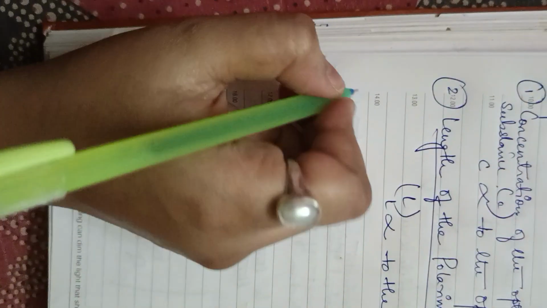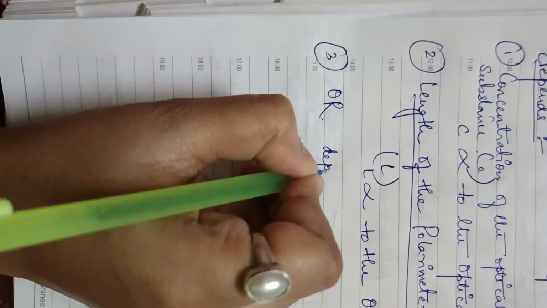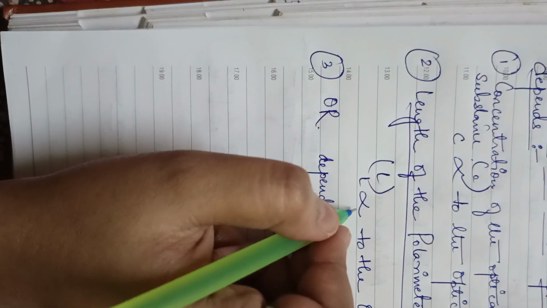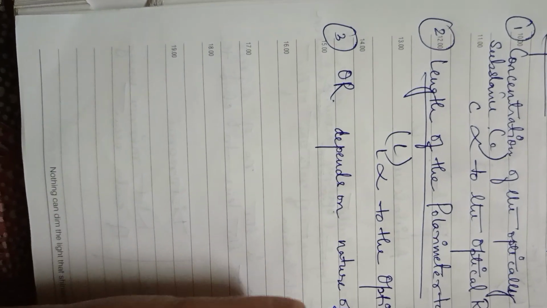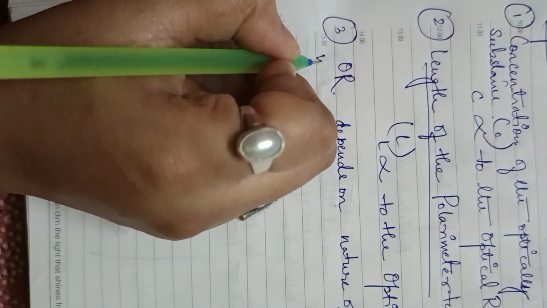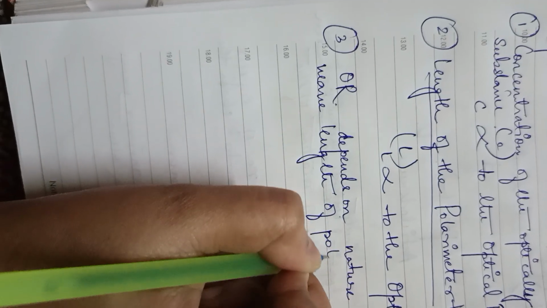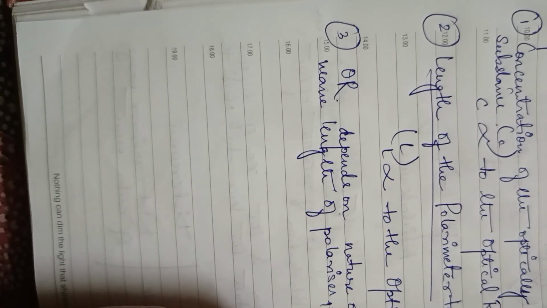Next, the last point you need to remember is that optical rotation, which I am writing as OR for short, depends on the nature of the substance, the wavelength of the polarizer, and the temperature of the substance.